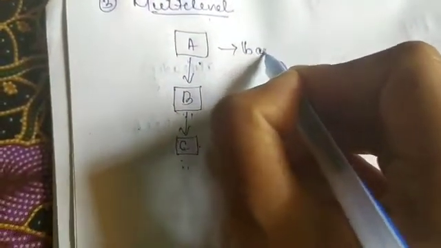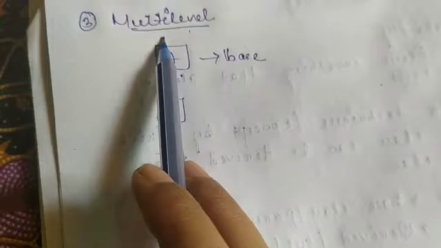Multi-level means there are more than two levels, not just one base and one derived. Here this is one base class, this is its derived class, and this derived class is also a base for another derived class. That means in multi-level inheritance we are deriving a class from another derived class.